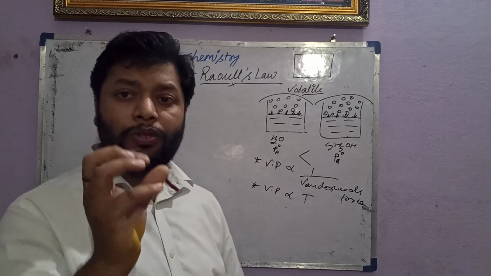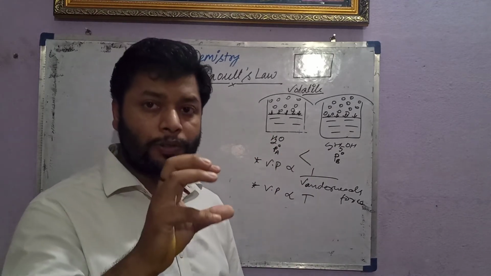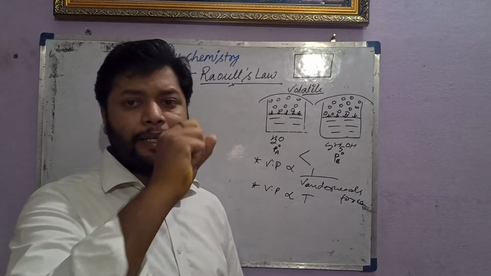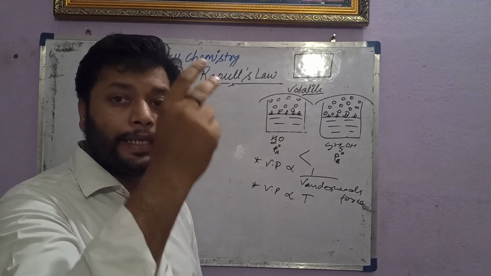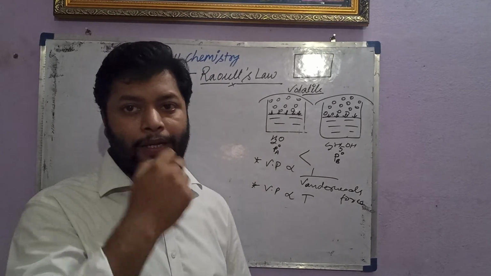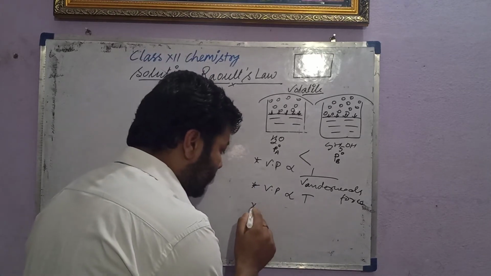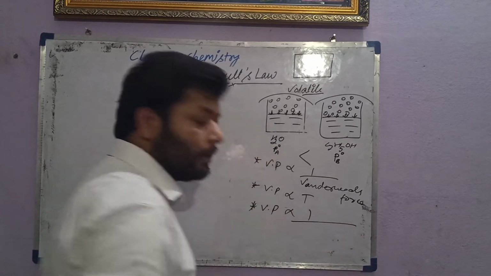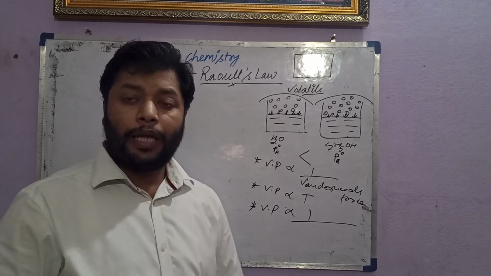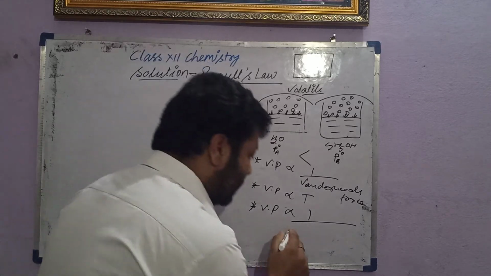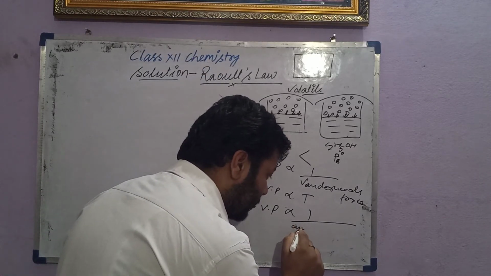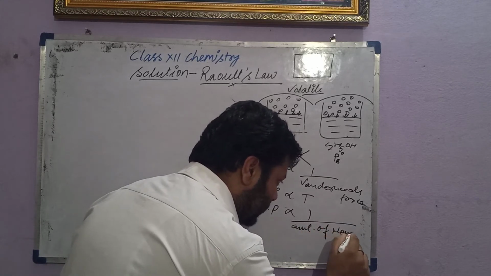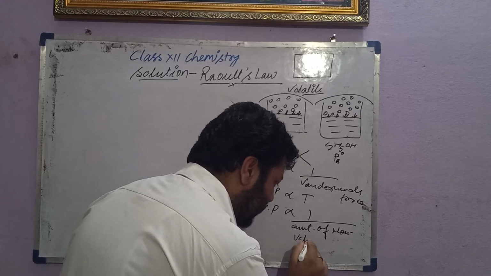So the amount of non-volatile solute added at a given temperature will decrease the vapor pressure of the given liquid. So vapor pressure is inversely proportional to the amount of non-volatile solute, that is, solid solute.